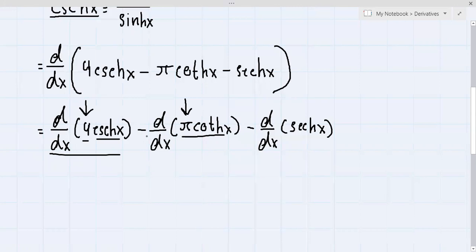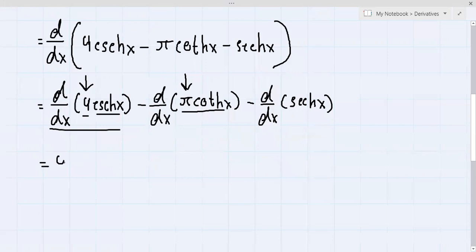Alright, going back. If we have a constant and a function, what do we do? According to what I taught before, we take the constant out of the derivative notation.